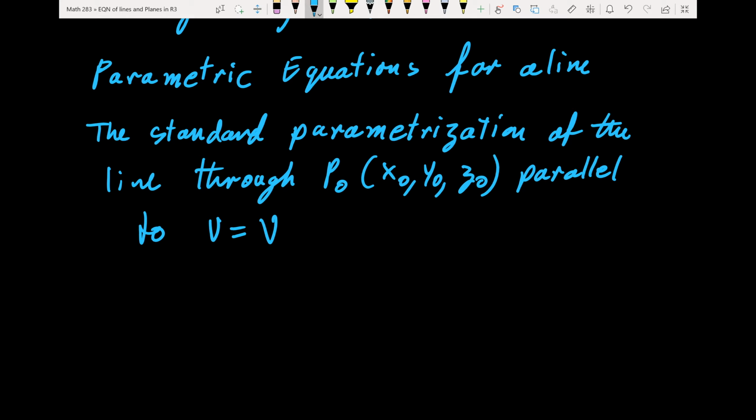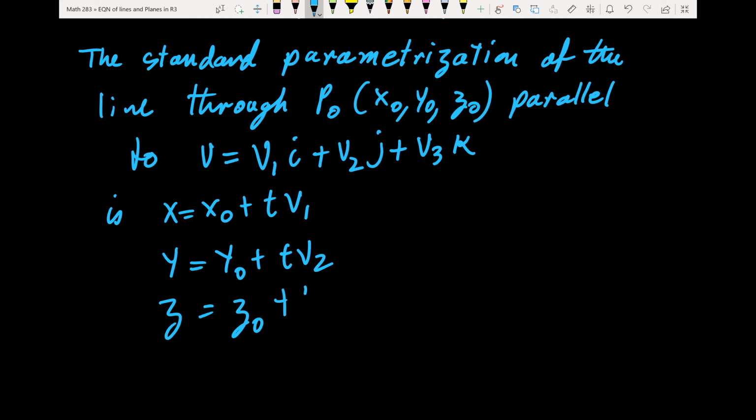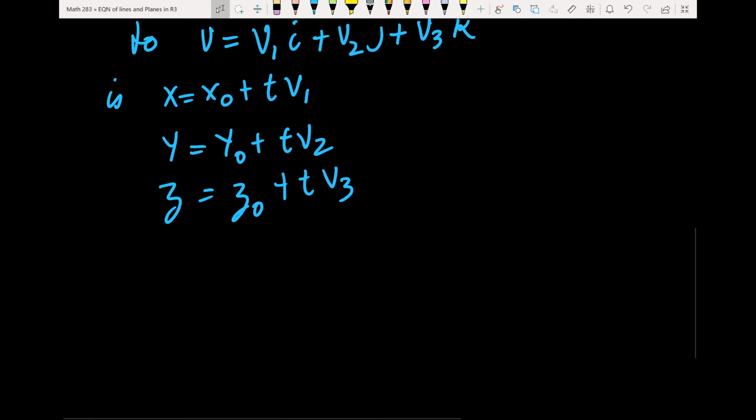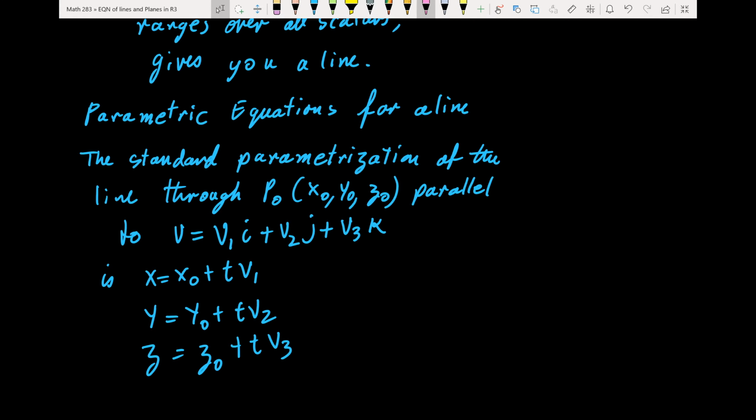It's just the standard parametrization. You can see several ways of writing that. Okay, I'll let you finish copying it, and we're going to do the problem.